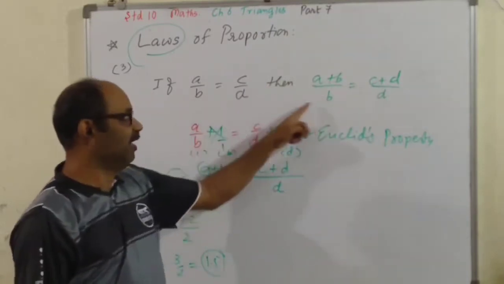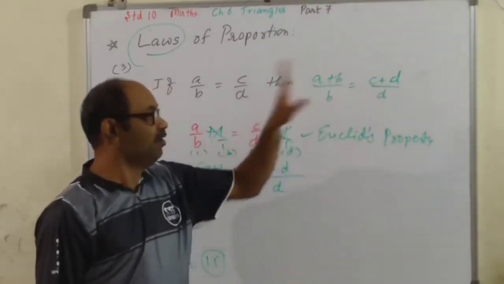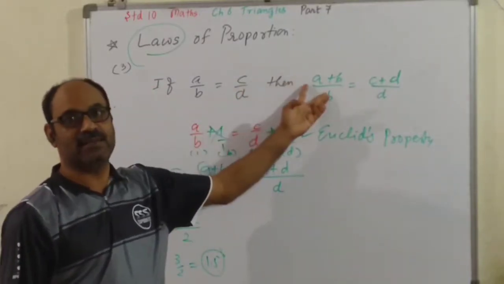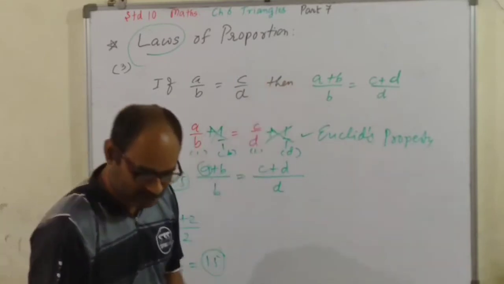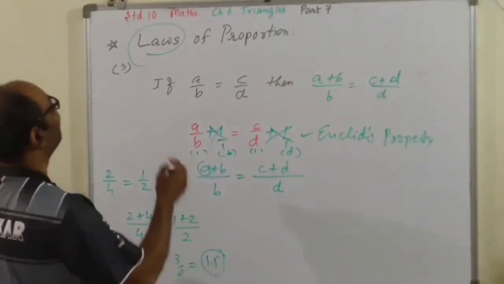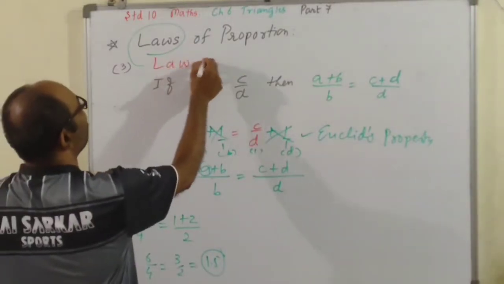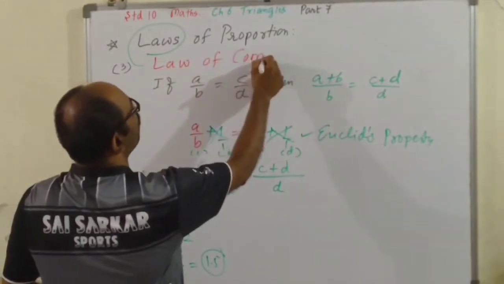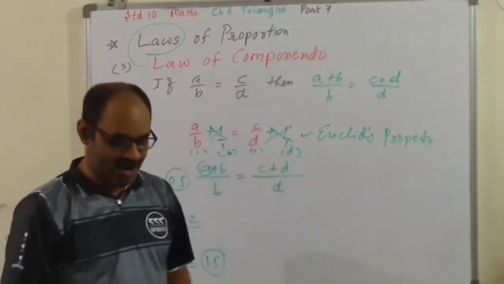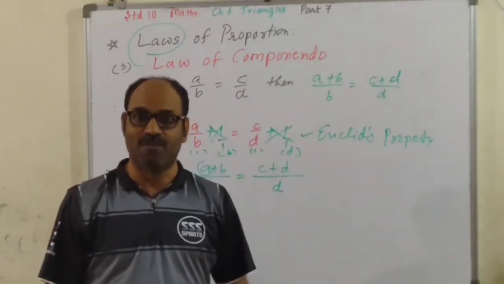You can see the denominators remain the same, only the numerator changes. So the denominator stays the same in this process when you are using this law. Is that clear? Now what is this law called? Very interesting. Law of componendo. This is called the law of componendo.